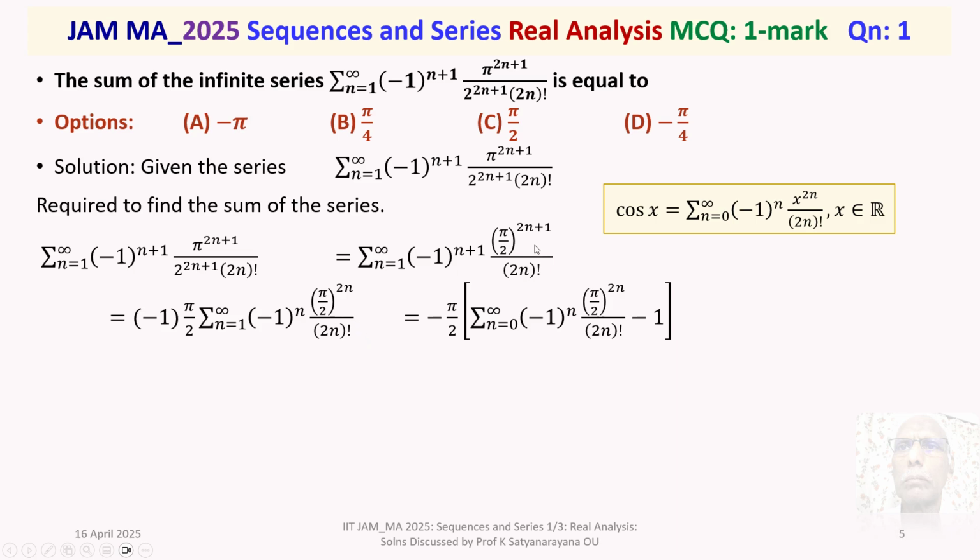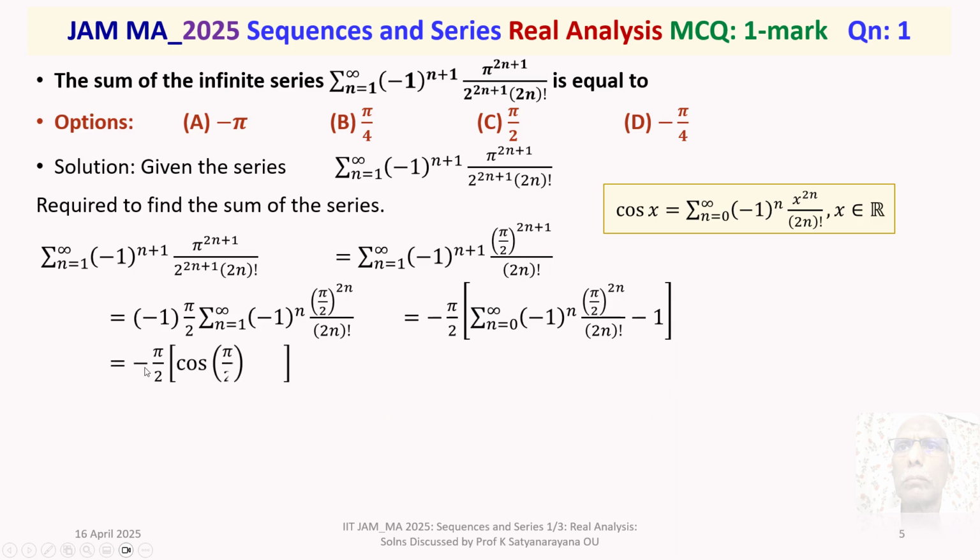The terms are adjusted so that it looks like this. And minus 1 times pi by 2 is minus pi by 2, sigma, where this sigma runs from n equals 1 to infinity. But I want in the formula the sigma to run from n equals 0 to infinity. So we will start from n equals 0 to infinity. That means we have added the first term for n equals 0. We subtract it. When n equals 0, the whole of this is 1. So we subtract 1.